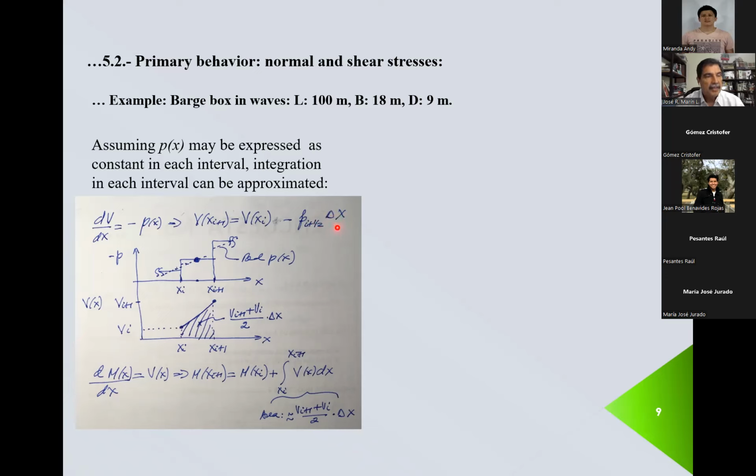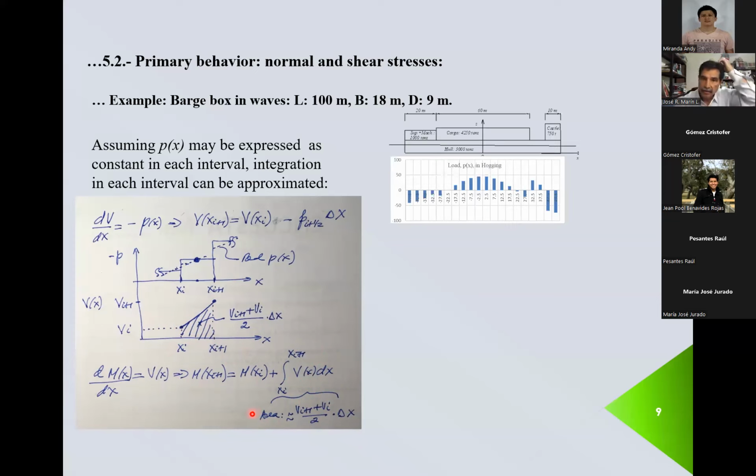Now, the integration of this line, we can apply a trapezoidal rule. So we say this is the average in height, this and that divided by 2 times delta x. That's that. And in this case, this is the result.